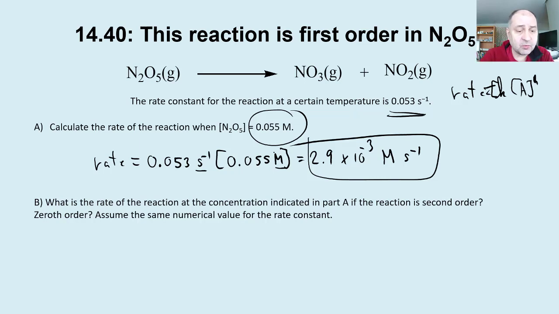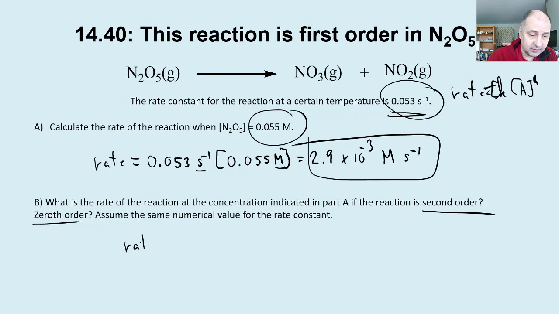So now they want to know what is the rate of the reaction at the concentration indicated in part A if the reaction is second order, and then they want to do this for zero order. Assume the same numerical value for the rate constant. Okay, so the one thing that does change here is the units for the rate constant. Because for zero order, the rate is simply equal to K, and if K was per second, then your rate would just be per second, and that isn't possible.